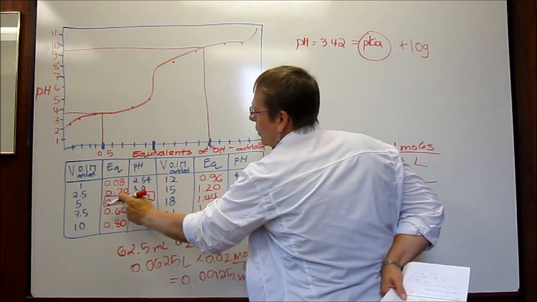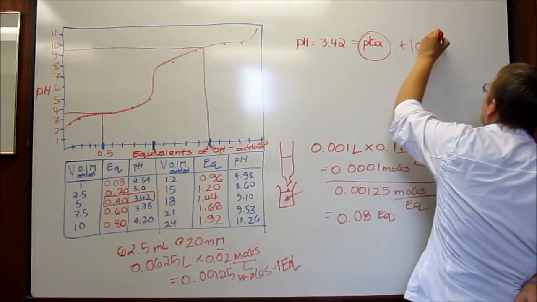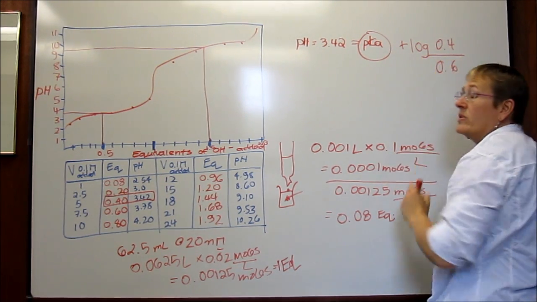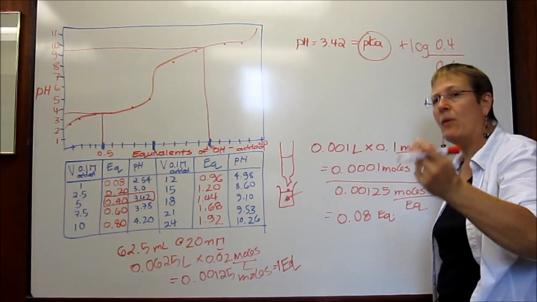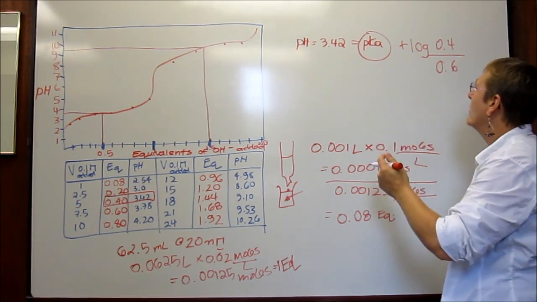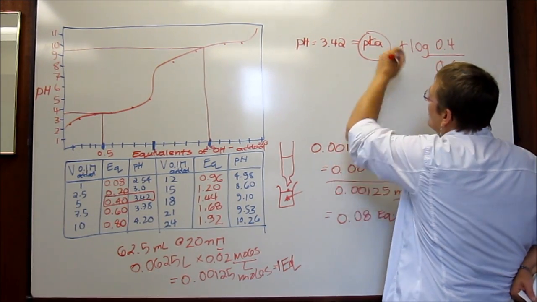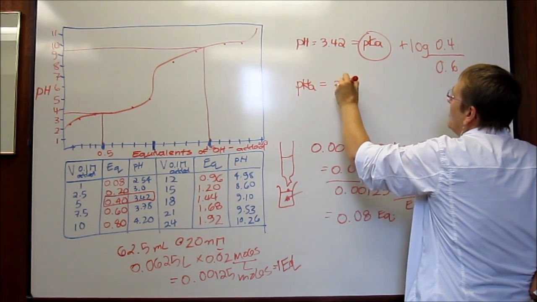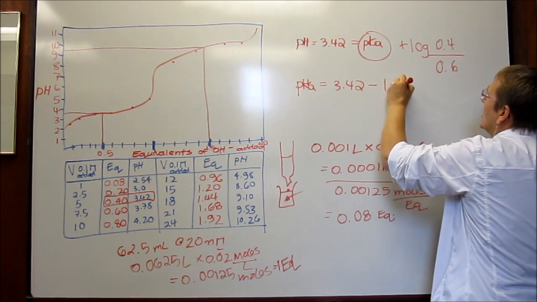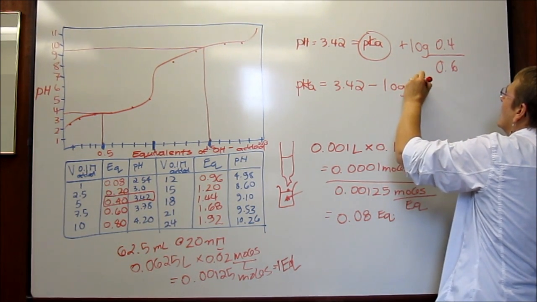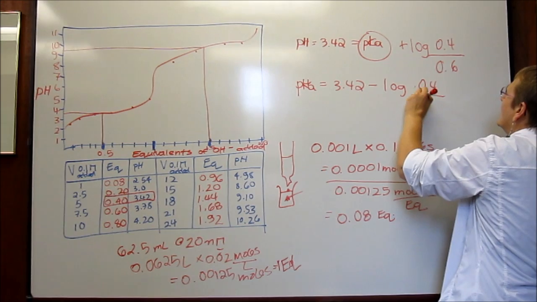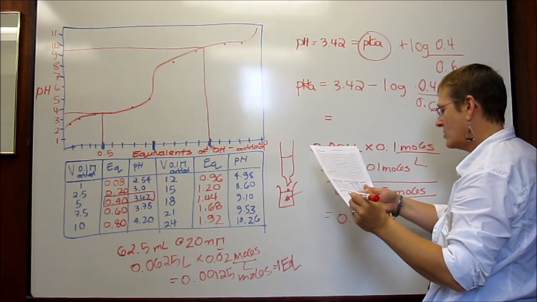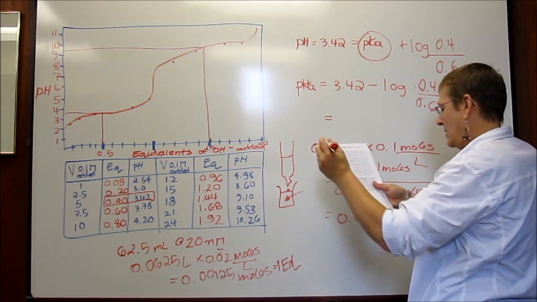Well, I've added 0.4 equivalents of my base, so I must have 0.4 equivalents in A minus, and I must be left then with 0.6 as HA, because I had 1 to start, and I moved 0.4 up there. So if I turn this around to solve for pKa, it is equal to my 3.42 minus the log of 0.4 over 0.6. And what this gives me for a pKa, if I solve it out, was 3.6, I do believe.